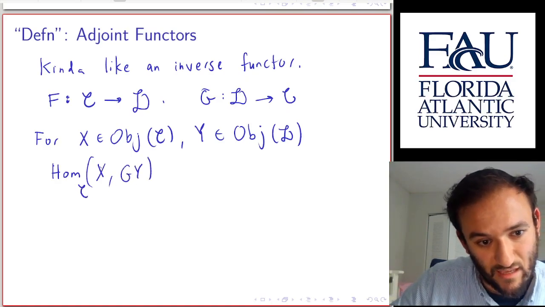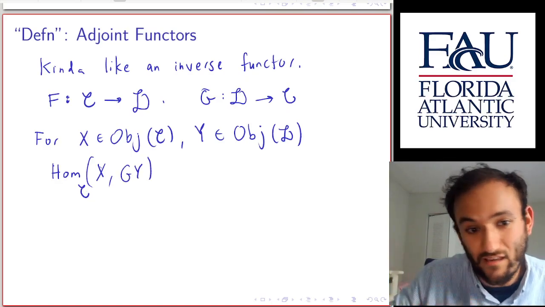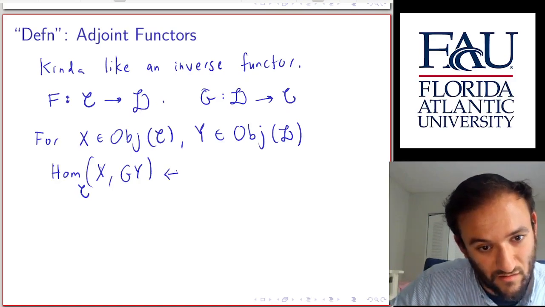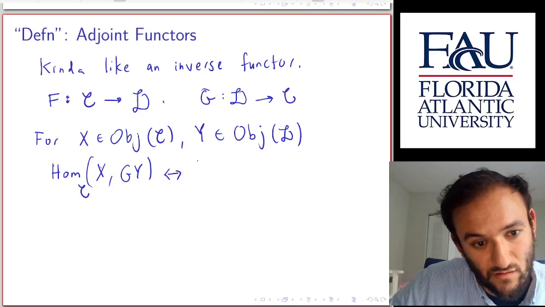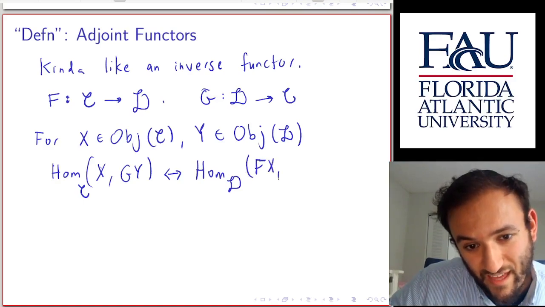Now this is taking place in category C because g maps y to C. This is in bijection to the homomorphisms in D of f of x to y.